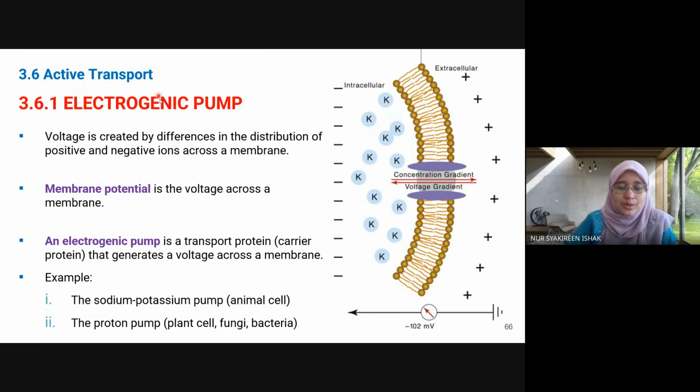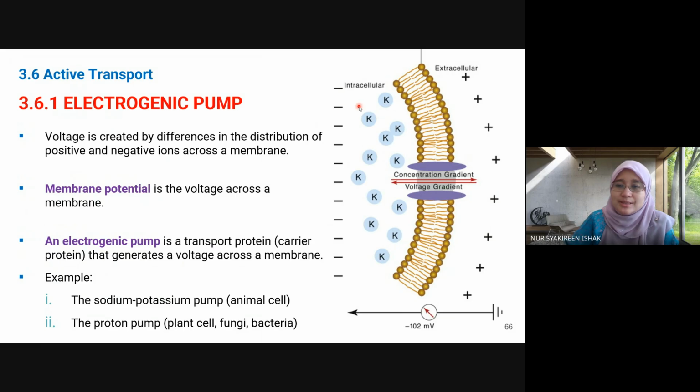So what is voltage? Voltage is created by differences in the distribution of positive and negative ions across a membrane. Previously, I mentioned that for a cell in the normal condition, inside the cell has to be negatively charged and outside the cell has to be positively charged.